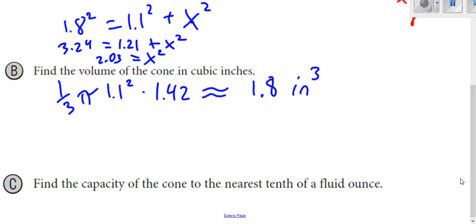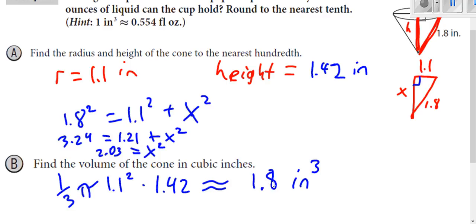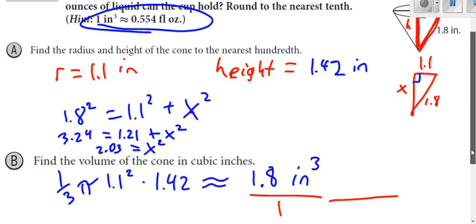And then to answer the final question, find the capacity of the cone to the nearest tenth of a fluid ounce. So if it's 1.8 cubic inches, and 1 cubic inch is about 0.554, that's our conversion factor. We're going to convert. We have cubic inches on the top, so we need cubic inches in the denominator for our conversion.